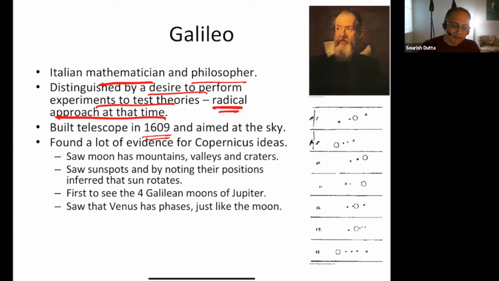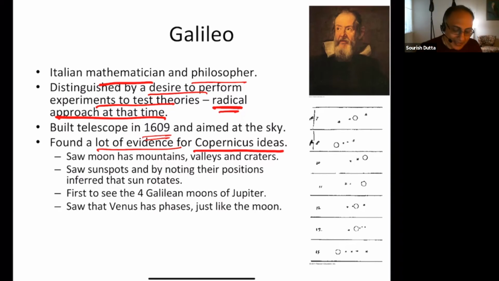So he saw plenty of evidence for Copernicus's ideas. Copernicus's heliocentric model was no longer just an interesting idea. He saw direct evidence that it is true when he looked at the sky.